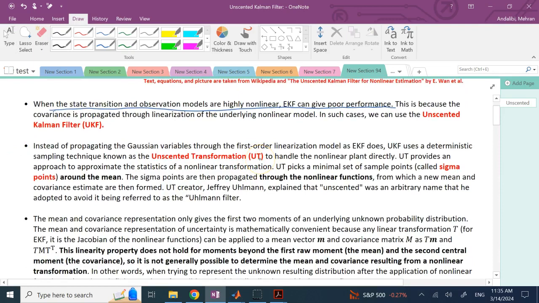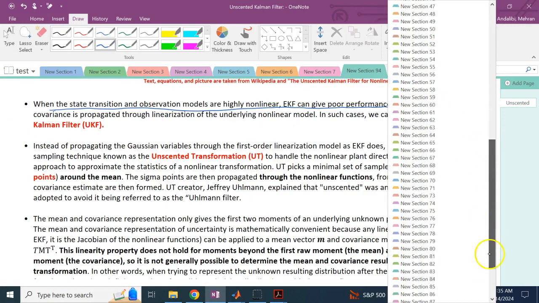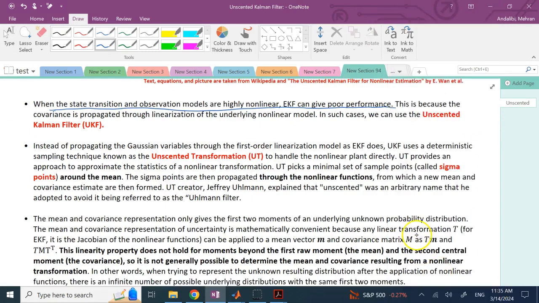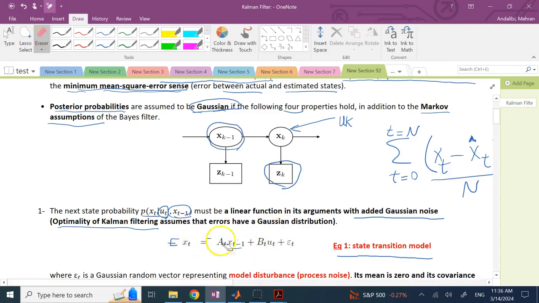What EKF does is, if we go back and look at my lecture on the Kalman filter, you see that the state and the uncertainty, the covariance matrix, were transformed from the prior knowledge from the previous state to the next one through these matrices, right?